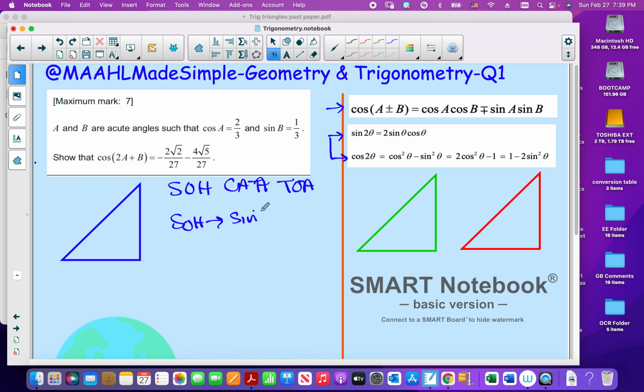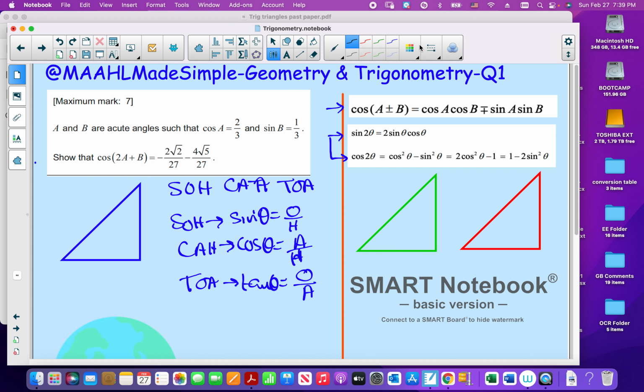Sine theta equals opposite over hypotenuse, cosine theta is equal to adjacent over hypotenuse, and tan theta is equal to opposite over adjacent.